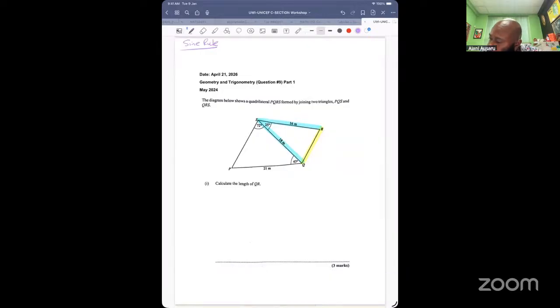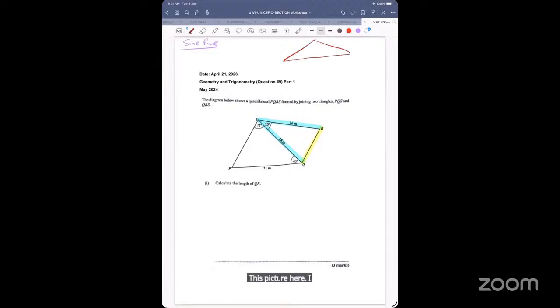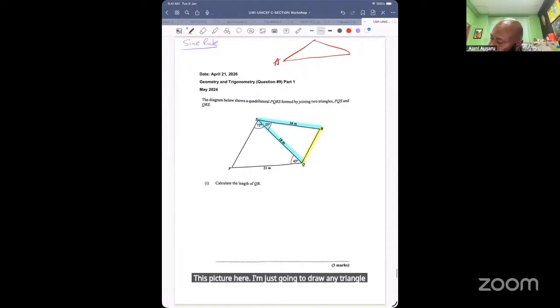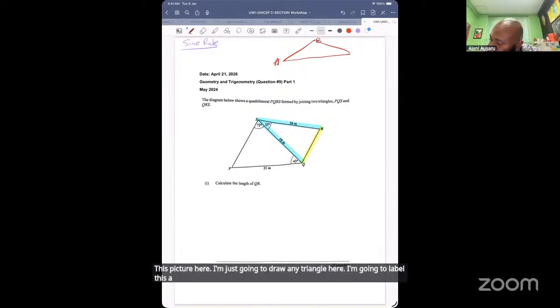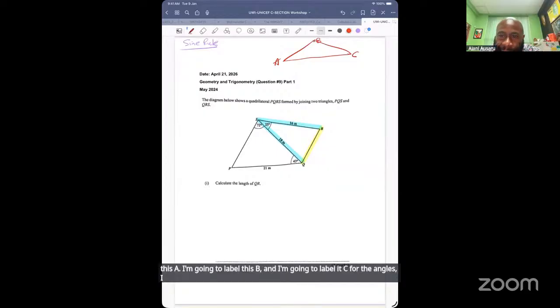So let me draw a picture. I'm just going to draw any triangle here. I'm going to label the vertices A, B, and C. For the angles, I'm using capital letters, and for the sides, I'm going to use lowercase letters.